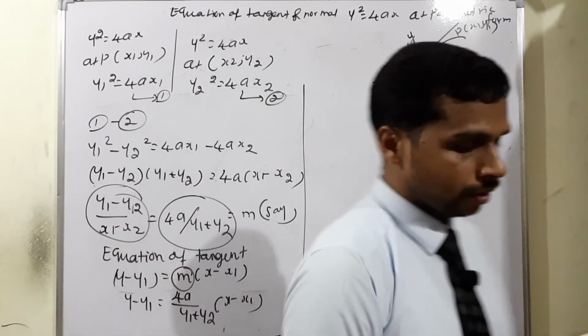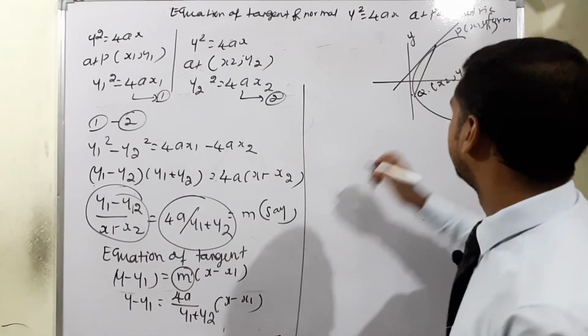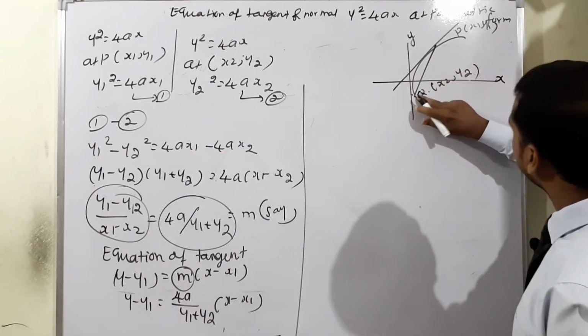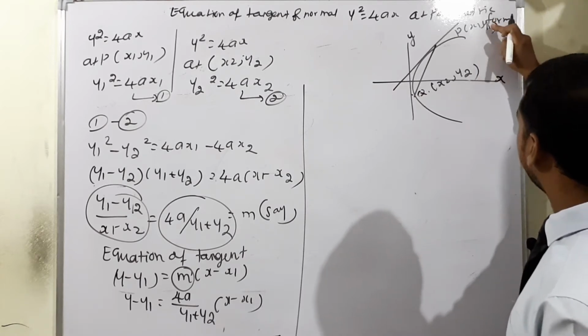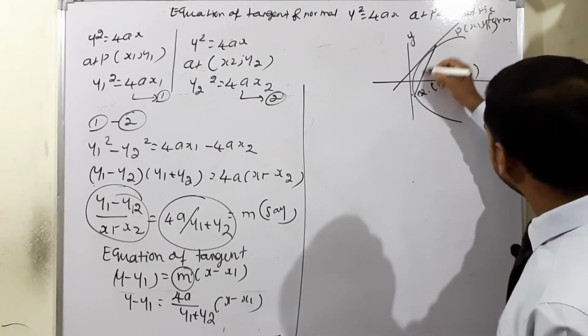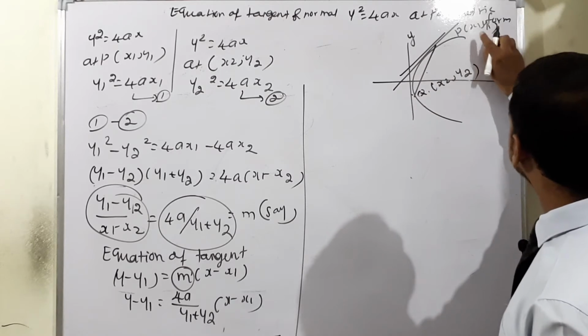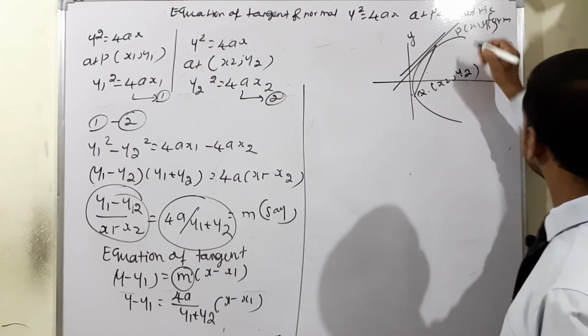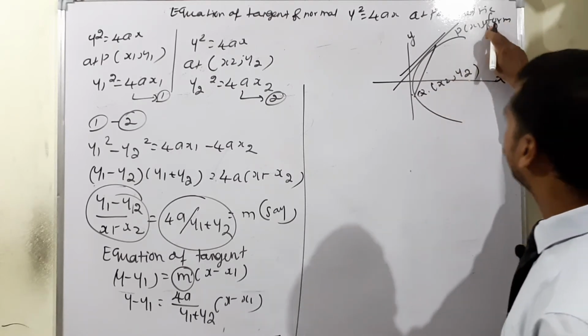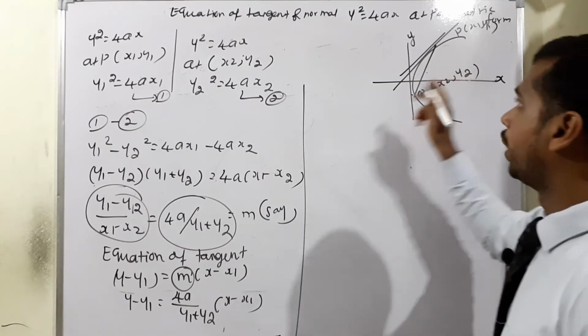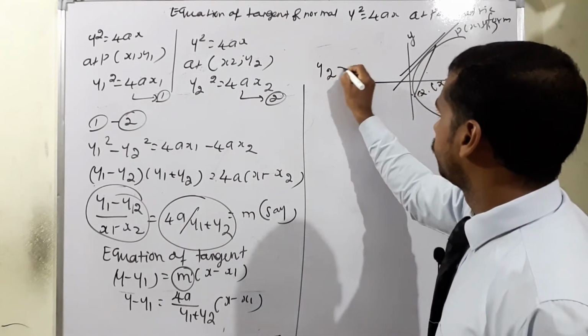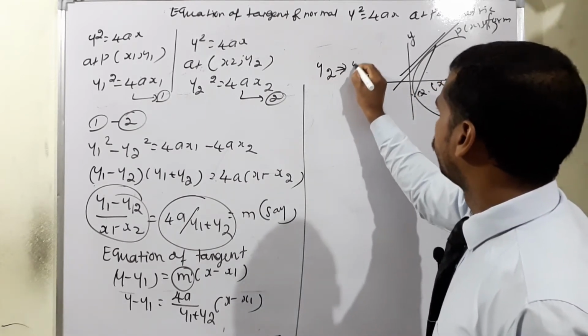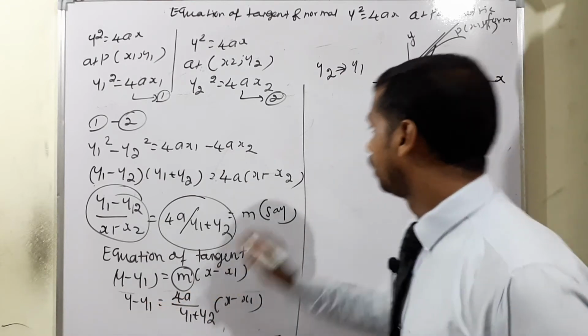Now for the tangent line, the point of the normal line is also considered for y1, because x1 y1 is equal to x2 y2. So instead of y1 we can also consider y2. Equating the value of y1, what will happen?